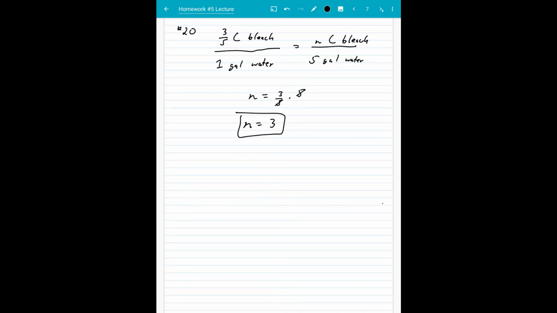Now, the question seems a little questionable in the way that it's wording it. It's saying Ron needs a 5-gallon mixture. And yes, we understand that if I add 3 cups on top of the 5-gallon mixture, that would make it 5 gallons and 3 cups of a total mixture. So the math textbook worded it a little weird.